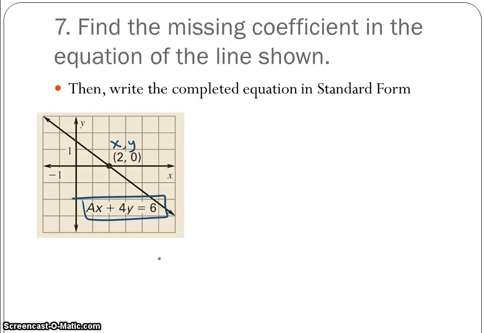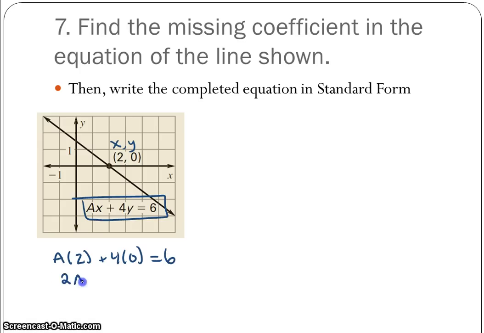Well, you have everything you need except for the a, right? So you mean use this point? Right. So use this point 2, 0 and plug it into this equation, and then let's solve for a, kind of like we did for direct variation. Okay, so I have a times x, which is 2, plus 4 times y, which is 0, and equals 6.